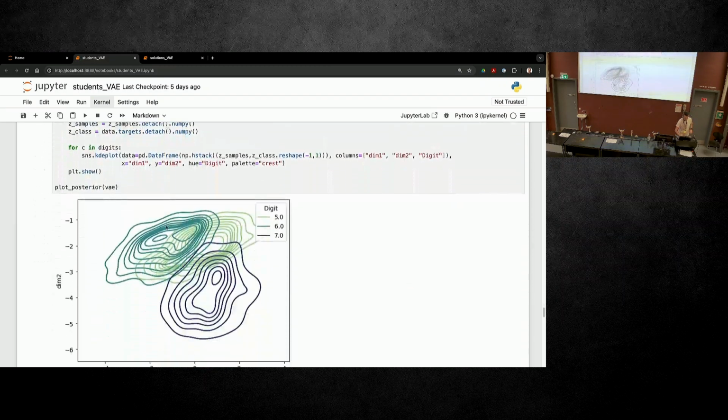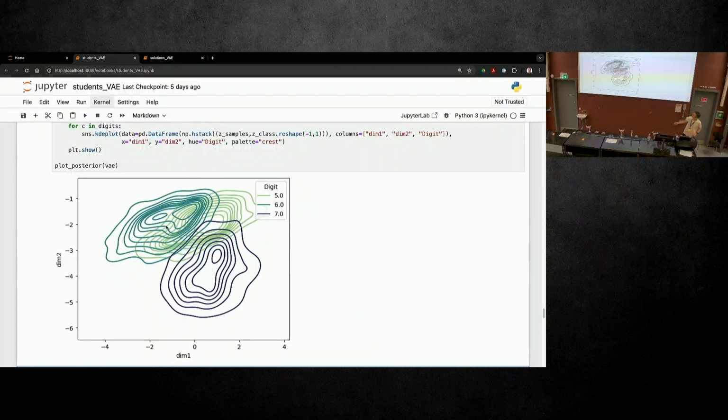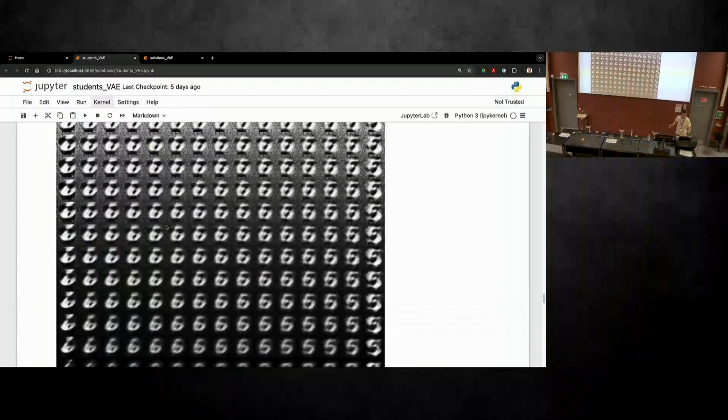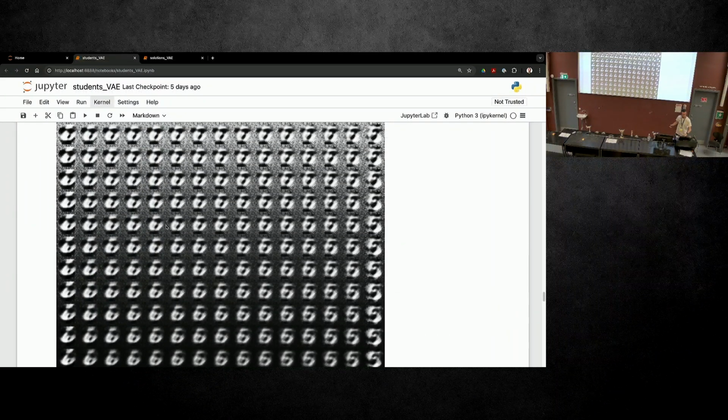Another thing to notice is that we are not really exploiting the latent space. The first dimension goes from -4 to 4, but if you notice dimension 2, we are only working from -6 up to -1. So the latent space is not really coming into play, and this is most likely a consequence of that.